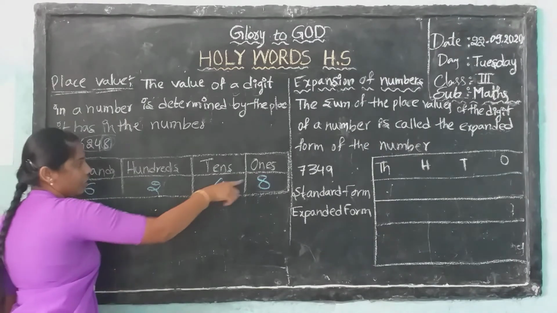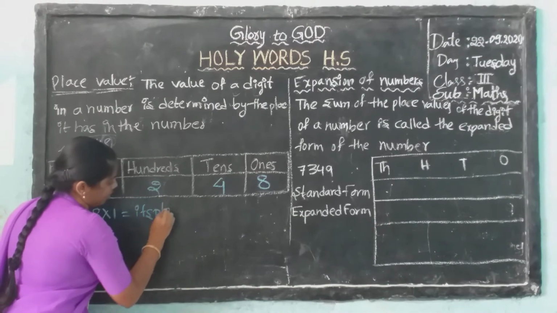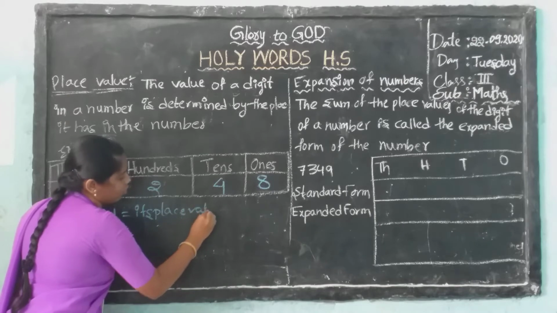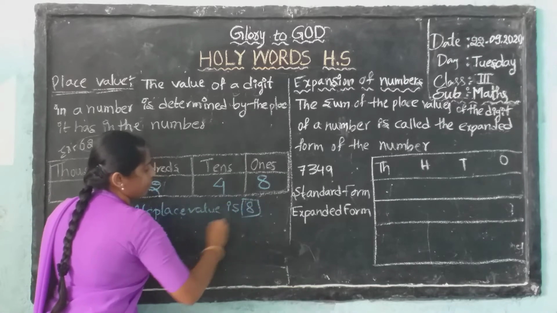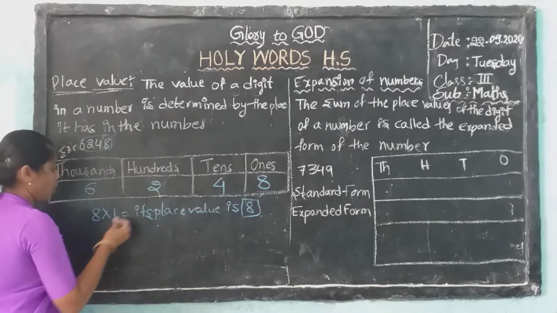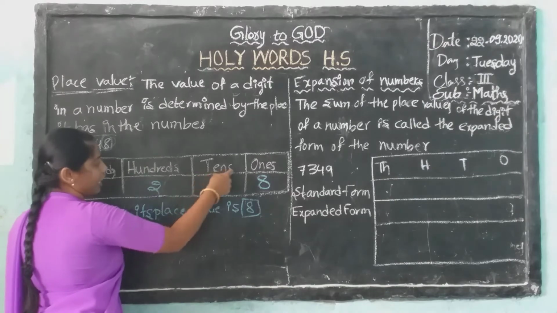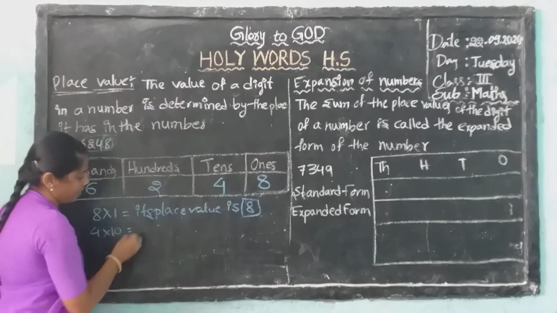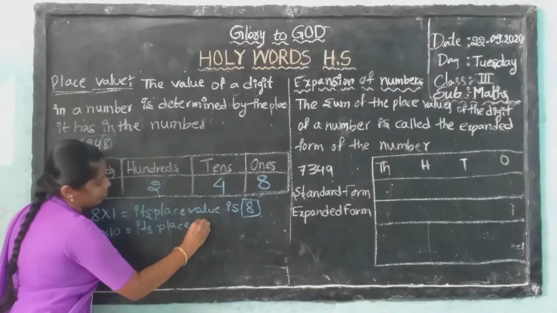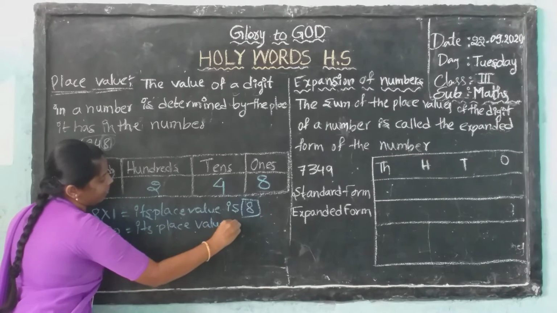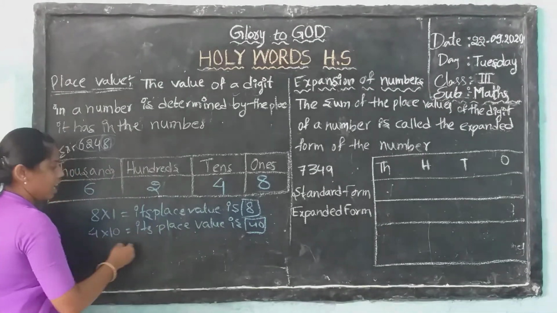First, 8 into 1 because it is the ones place, its place value is 8. Next, 4 into 10, because it is the tens place, its place value is 40. 4 tens are 40.